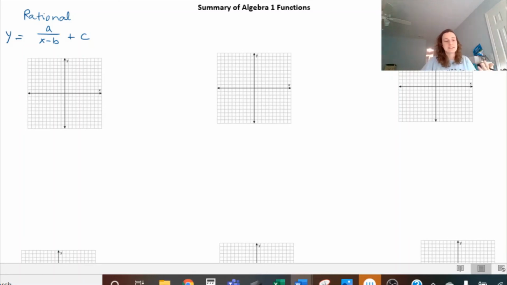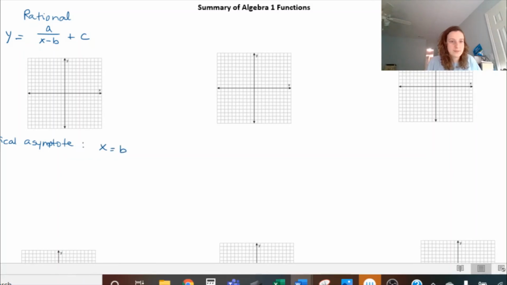In that first example, when we had y equals 1 over x, that's still a rational function. The number that you're adding on the end is 0. And here you have your vertical asymptote. Your vertical asymptote is going to be at x is equal to b.